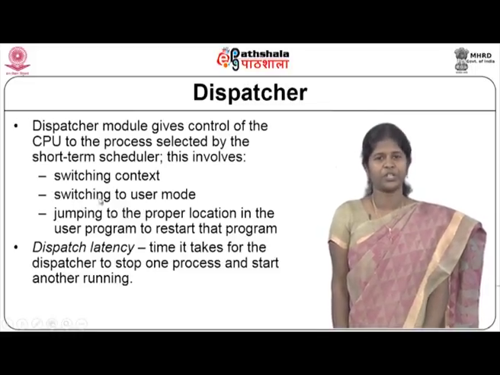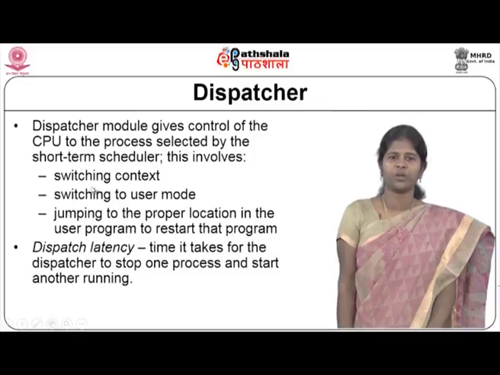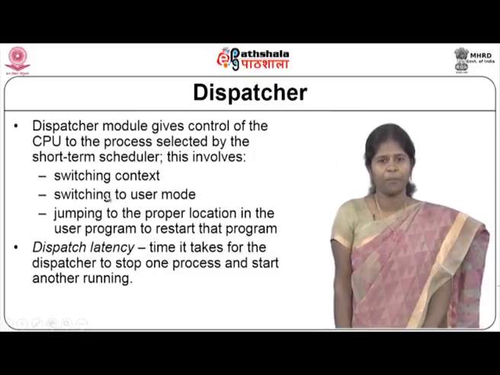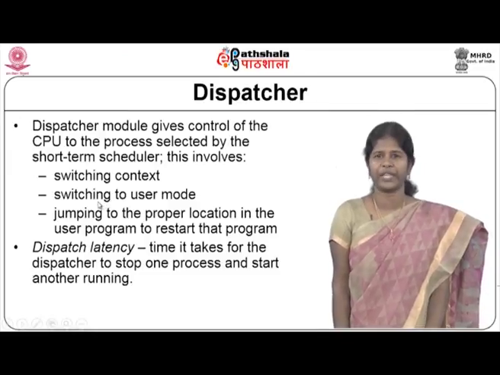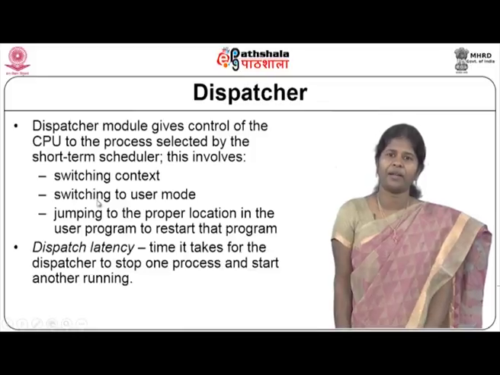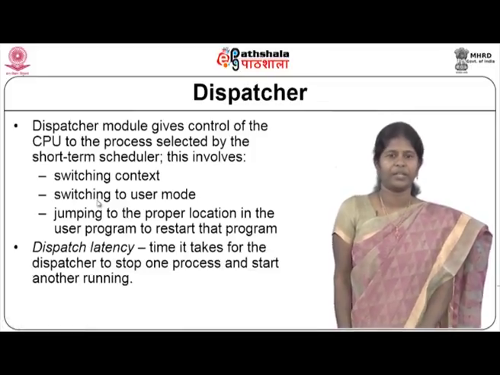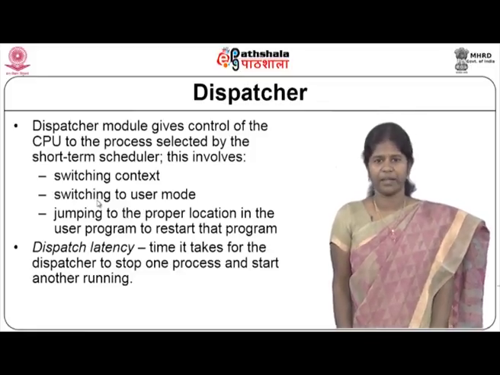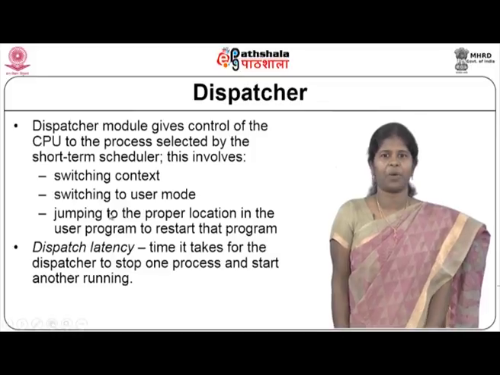So, the control should go to the new process, the control should go to the user mode, and then it should jump to a proper location in the user program so that the program can be started. If the program had executed earlier halfway through, and again it is getting the CPU, then it should know the point from where the program should get restarted again. So, this takes some amount of time.